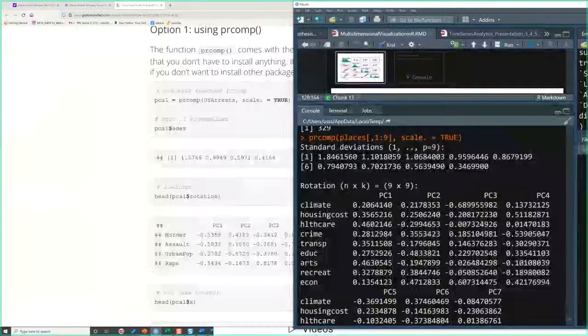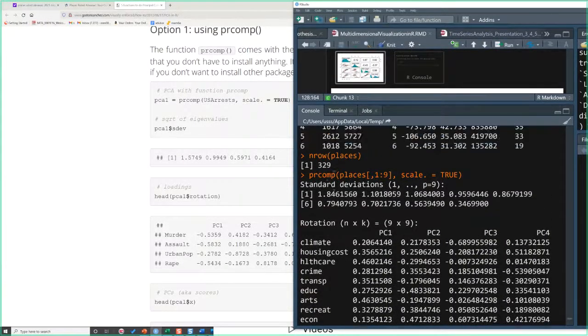Are you with me? Yeah. So here is basically what I got from prcomp, because your lambdas are the standard deviations.